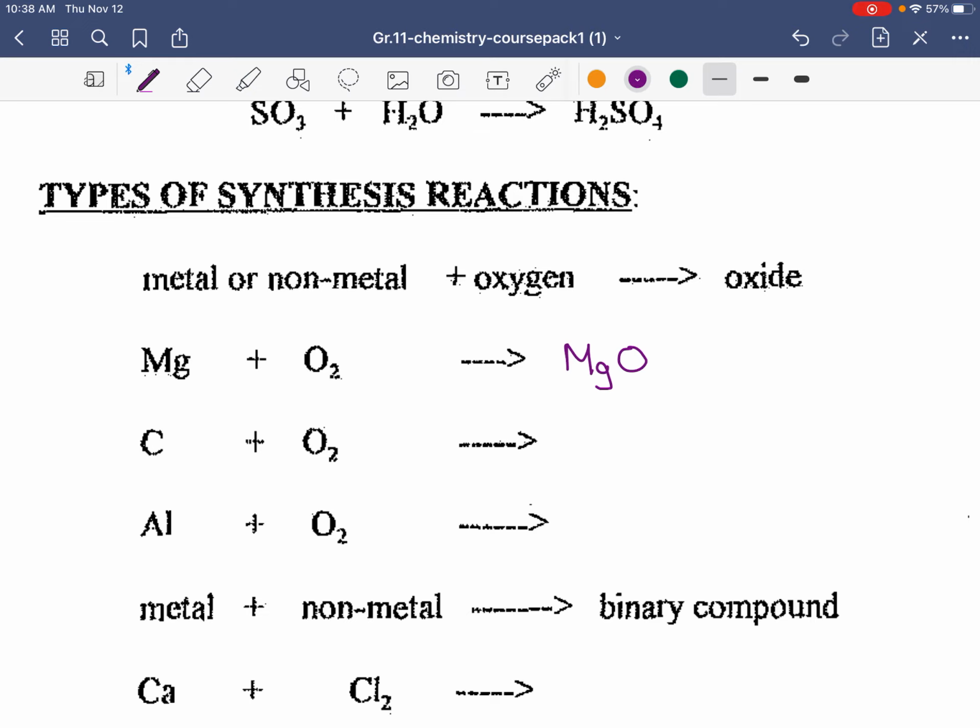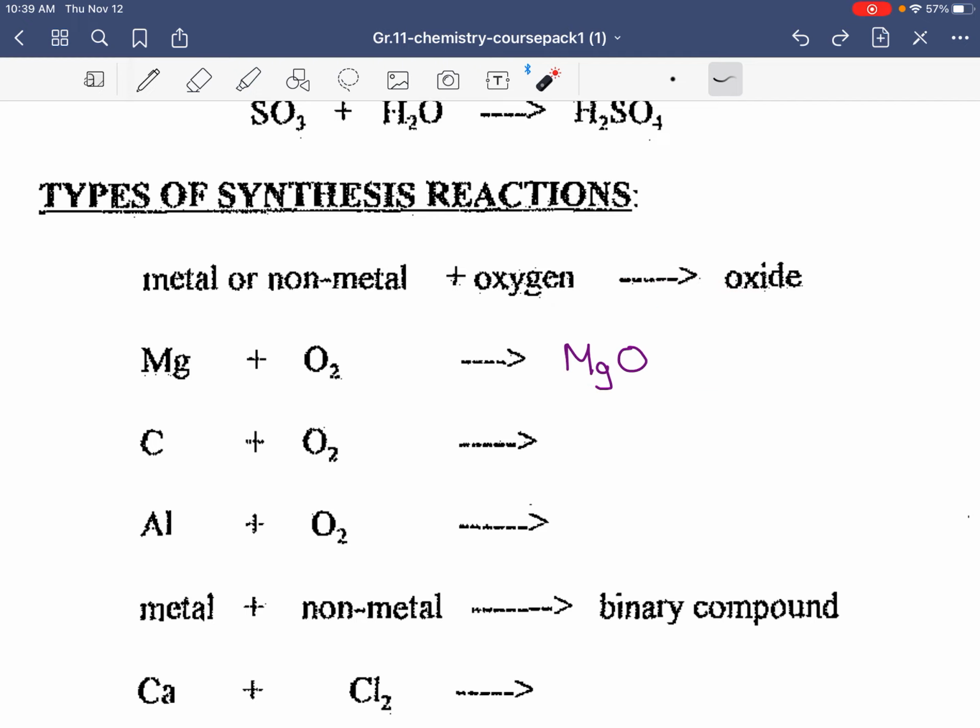Now, this is when this 2 actually comes into play. I didn't forget about it. This is called balancing chemical reactions. The main idea here is the law of conservation of mass, meaning that the total mass of the reactants, which is this side, has to equal the total mass of the products.